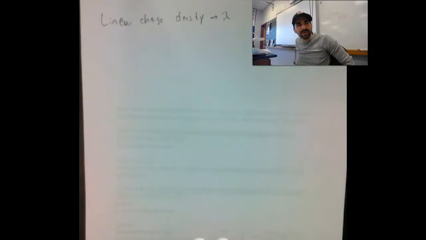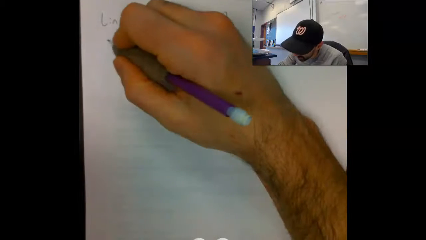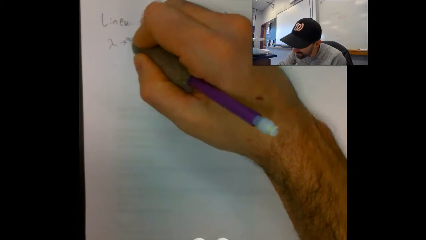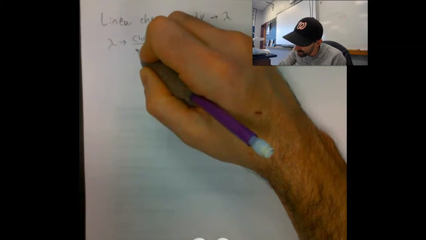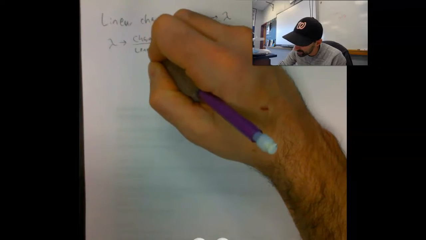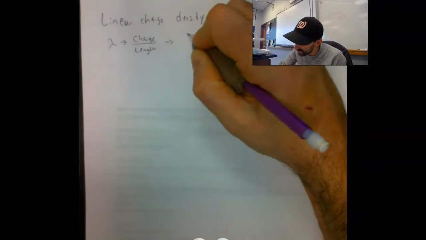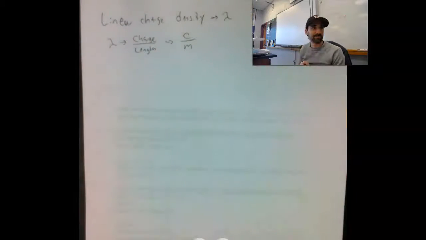And if I remember specifically, lambda, or linear charge density, means a charge per unit length. So essentially, we're in a coulomb per meter.